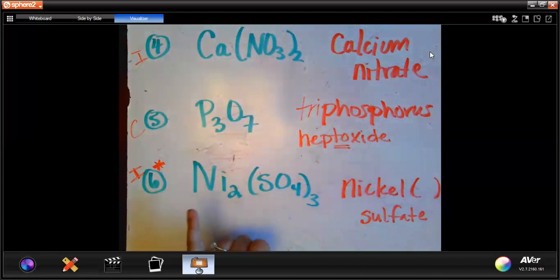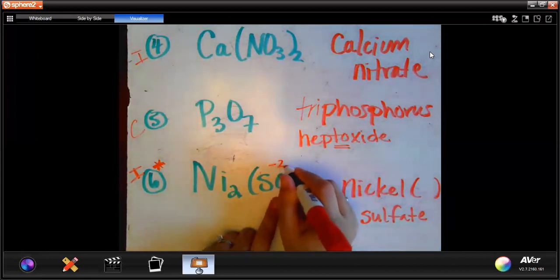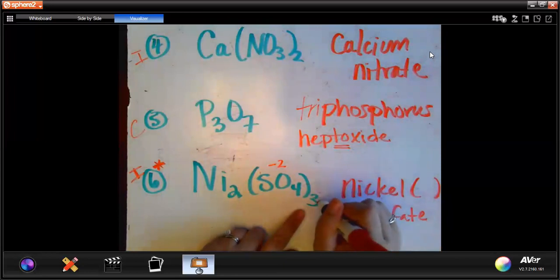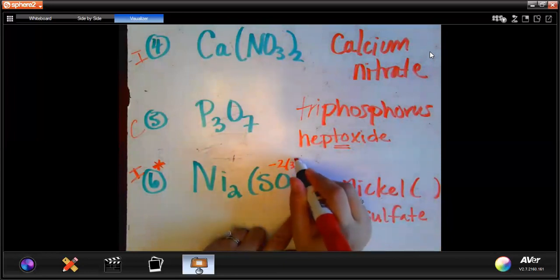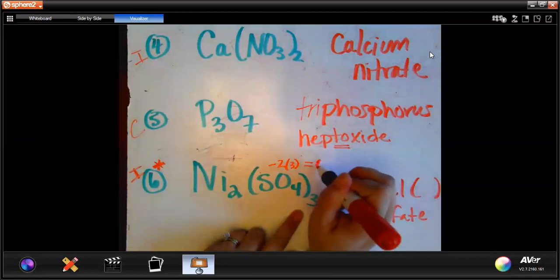Now we got to figure out what is the charge of nickel. To do that, we need to know what is the charge of sulfate. Well, sulfate, according to our reference packet, is a -2. Since we have 3 of those, we will multiply by 3. And we need these charges to add up to 0.